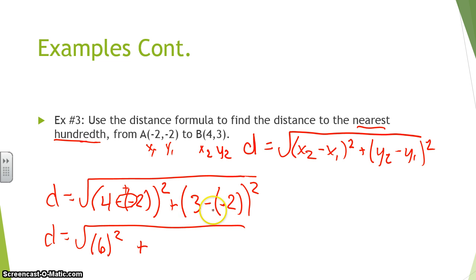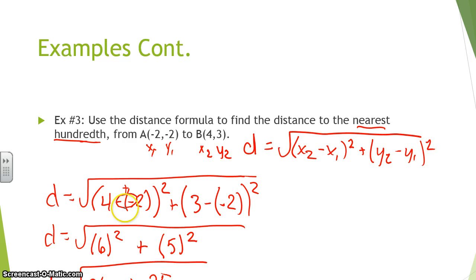Think of this as 3 plus 2, which is 5 squared. Now we square each of these. So d equals the square root of 6 squared is 36, plus 5 squared is 25. 36 plus 25 gives me 61, so the square root of 61.